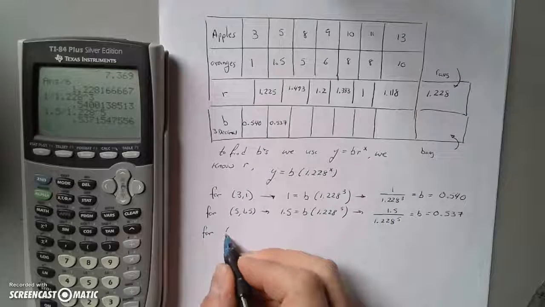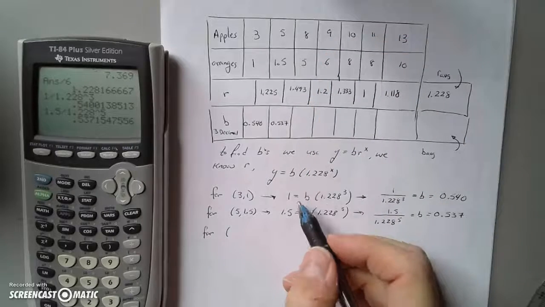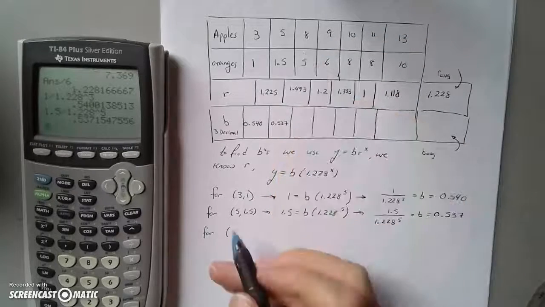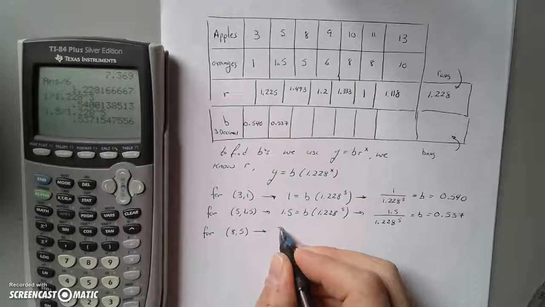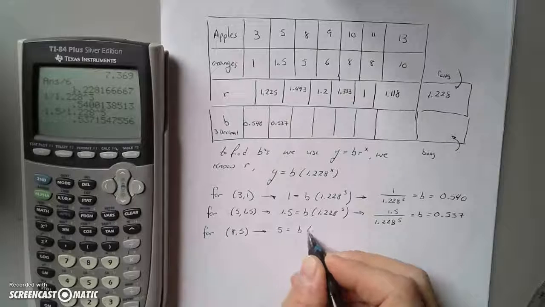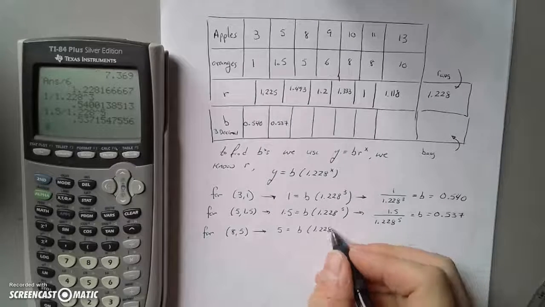So for this one right here, (8, 5). When y is 5, we can find a value of b. And each time we're using the same average r that we've already calculated.